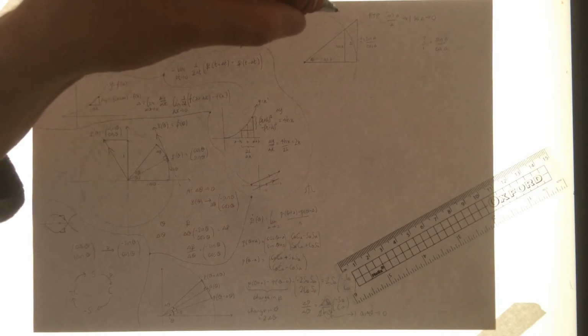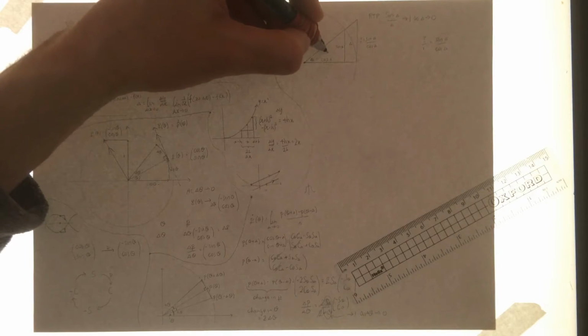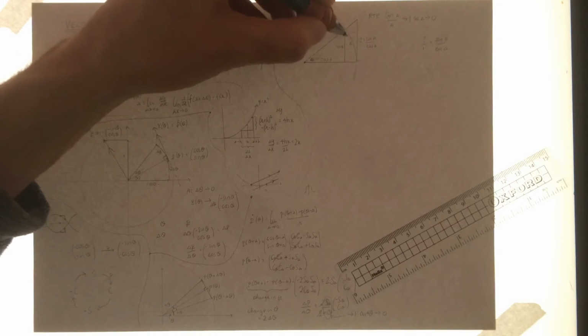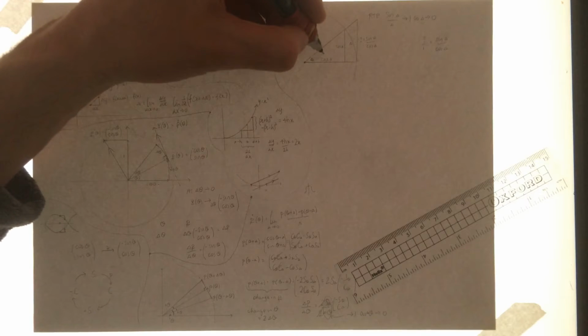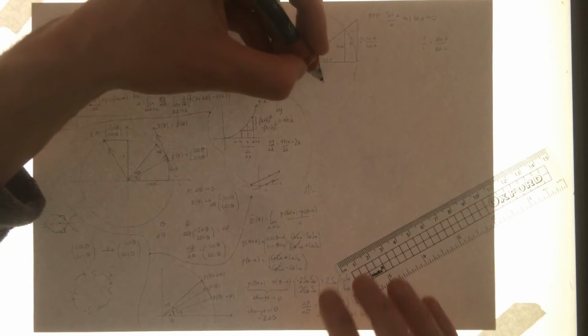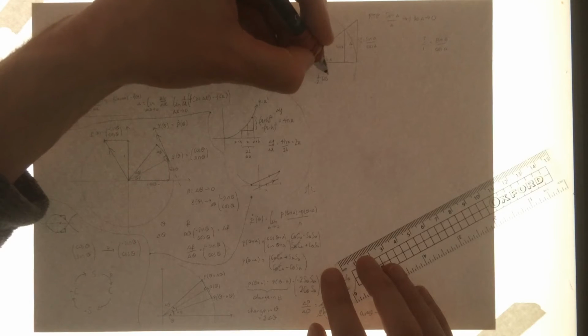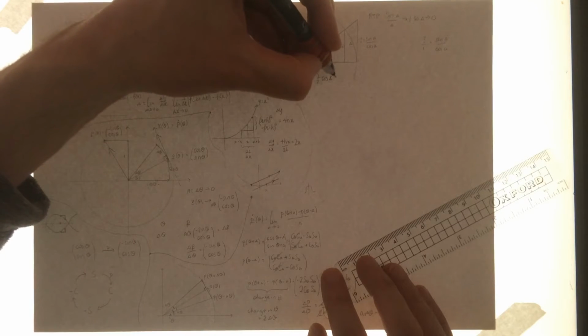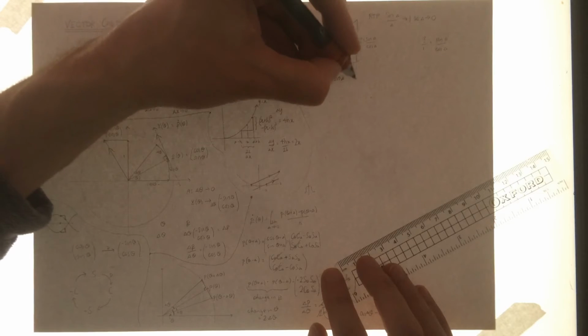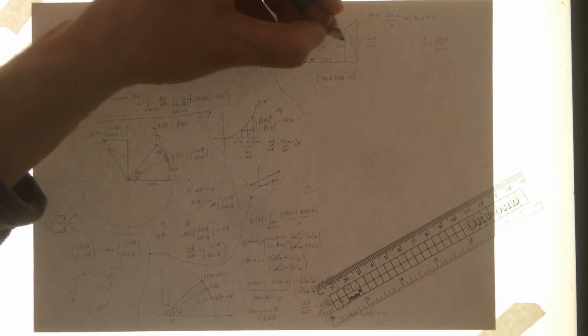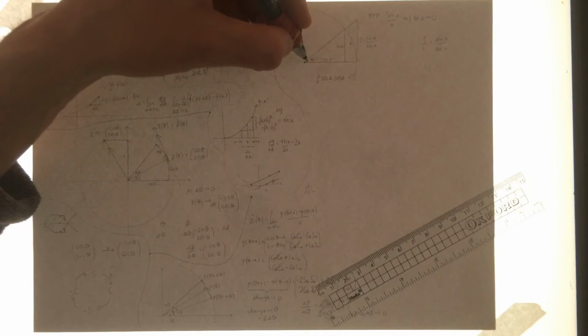And now we can make an inequality on the area of the smaller triangle, the area of the sector of the circle, and the area of the big triangle. The area of the small one, which is a half cos delta sine delta, is less than the area of the sector.